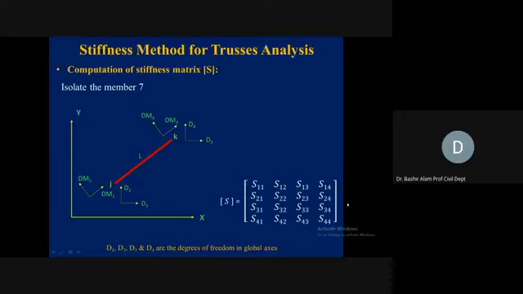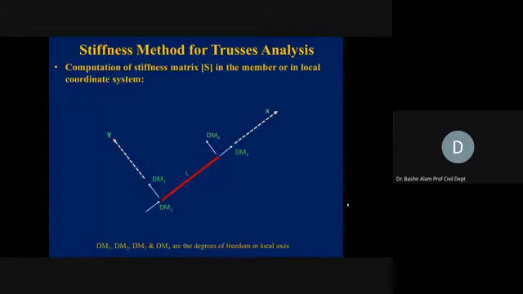This is how the stiffness coefficient matrix is generated in the local axis system. Next, you see DM1, DM2, DM3, and DM4, and this arrow is the positive axis, and this is the positive y-axis in the local coordinate system.